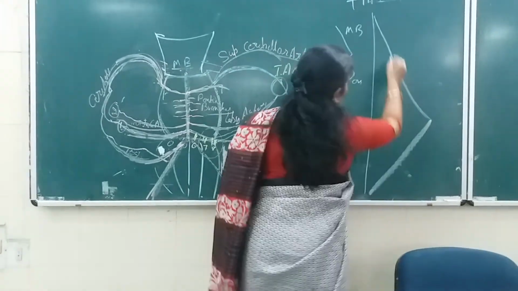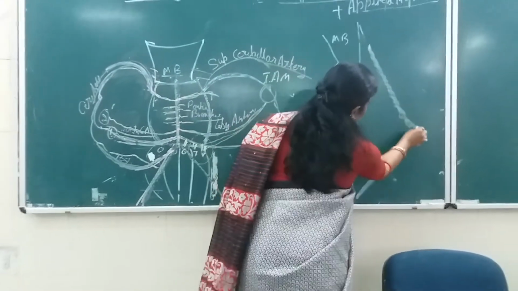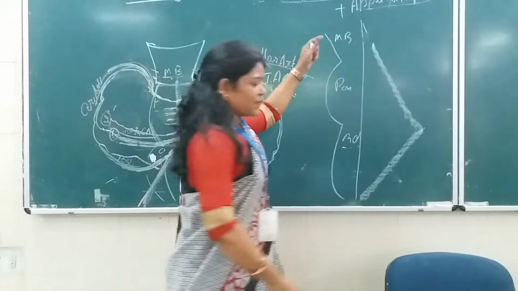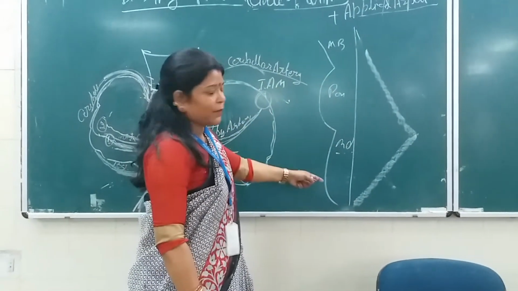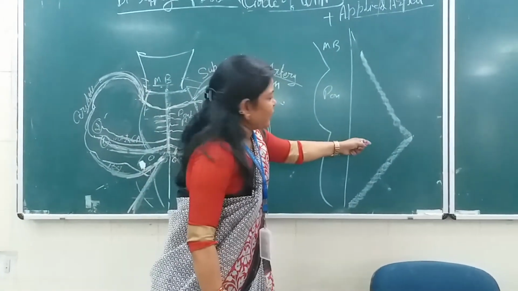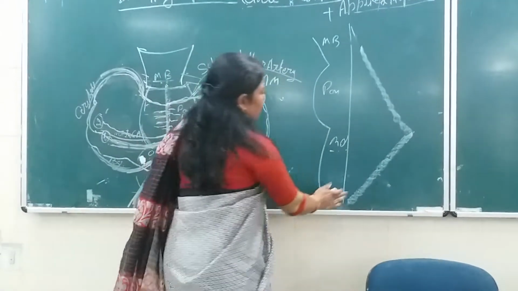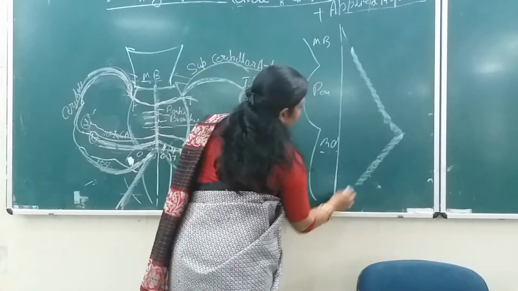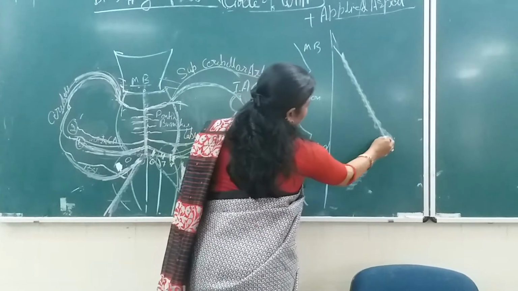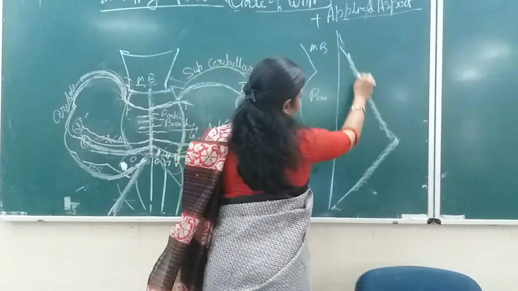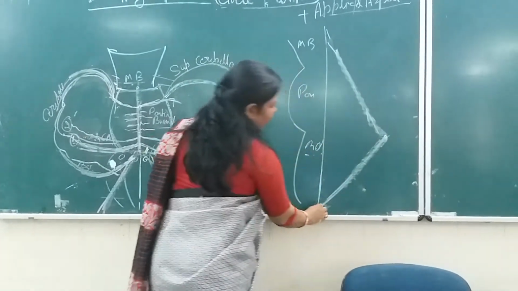Here you will see this diamond shape, or here you will get the tent shape, because this is a sagittal view section of the brainstem along with the fourth ventricle. Okay, so what you will see, this is the superior part of the roof, and this is the inferior part of the roof.